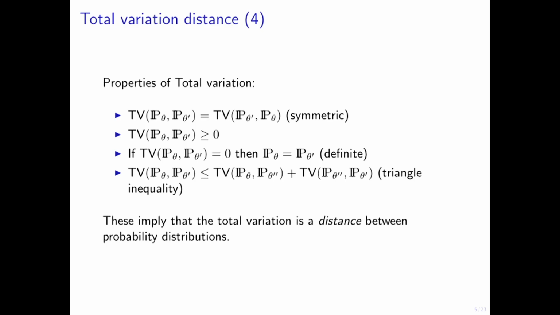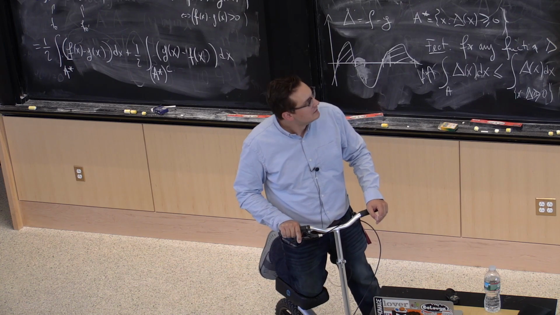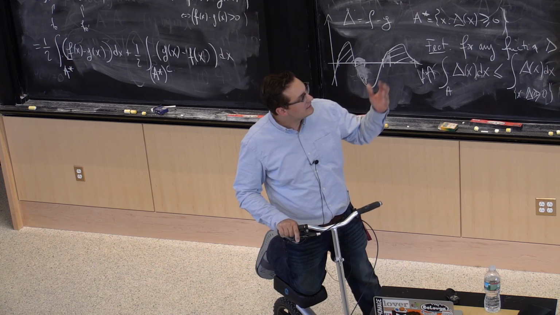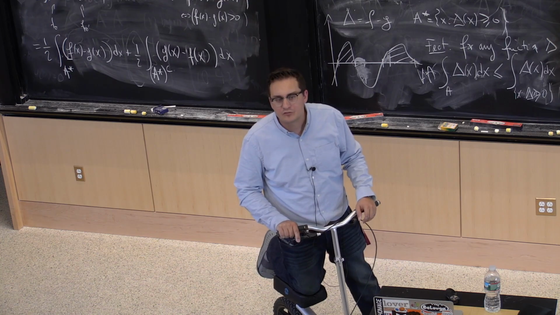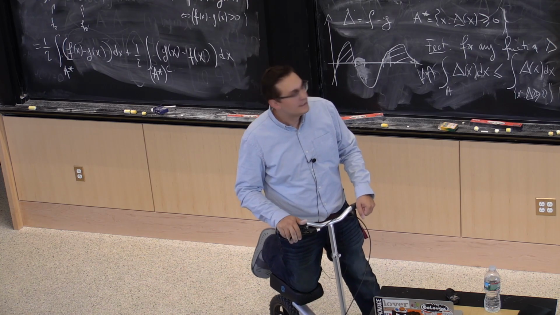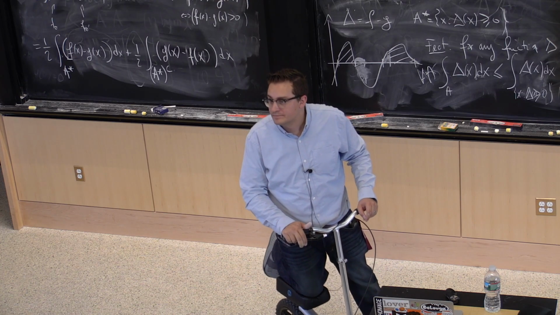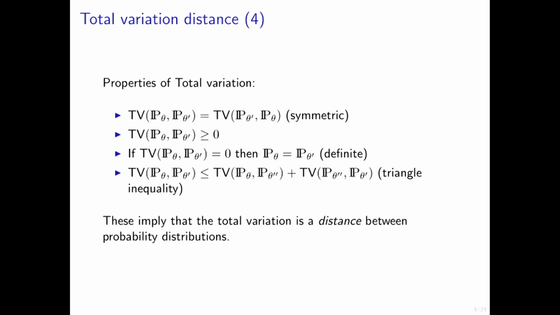If it's not satisfying these things, it's called pseudo-distance or quasi-distance or just metric or nothing at all, honestly. Okay, so it's a distance. It's symmetric, non-negative, equal to 0 if and only if the two arguments are equal, and it satisfies the triangle inequality. All right? And so that means that we have this actual total variation distance between probability distributions.